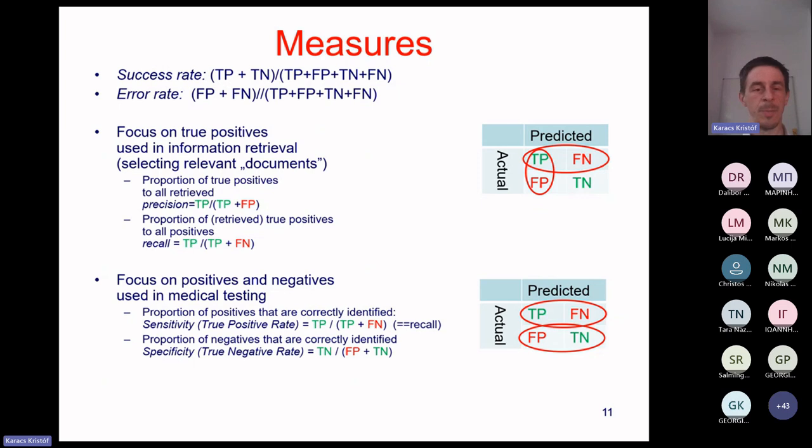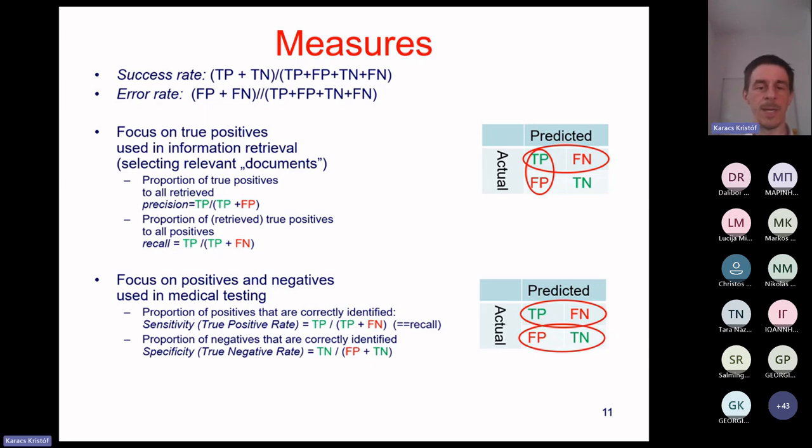And there are 2 important things for the true positive predictions to happen. What is the ratio of the true positive predictions out of all of the positive cases? So how many of the positive cases could the model predict correctly to be positive? This is what we call precision.